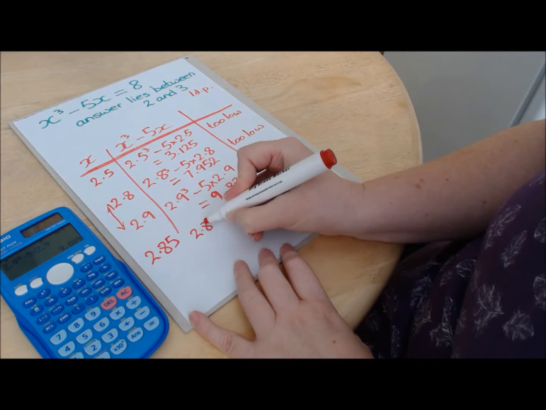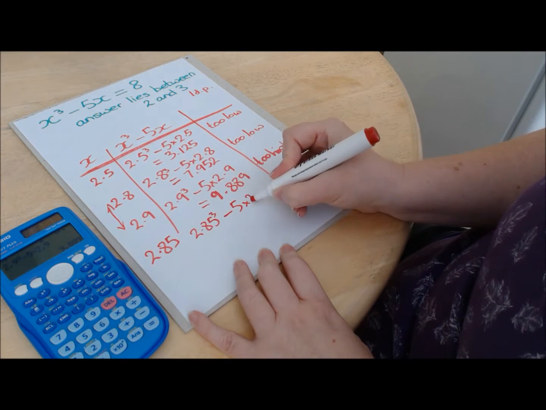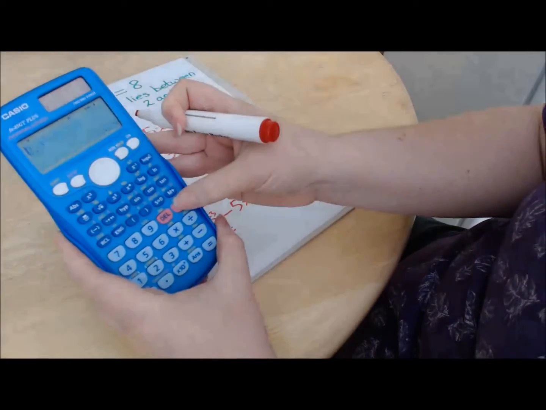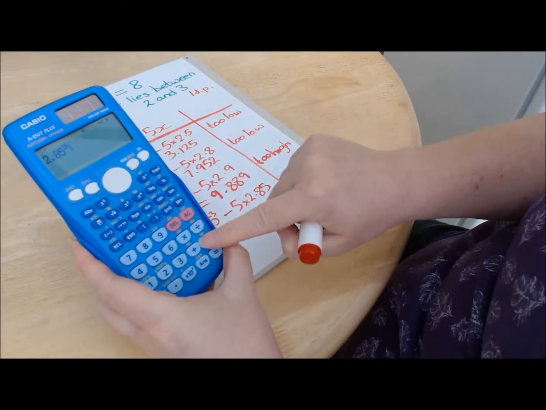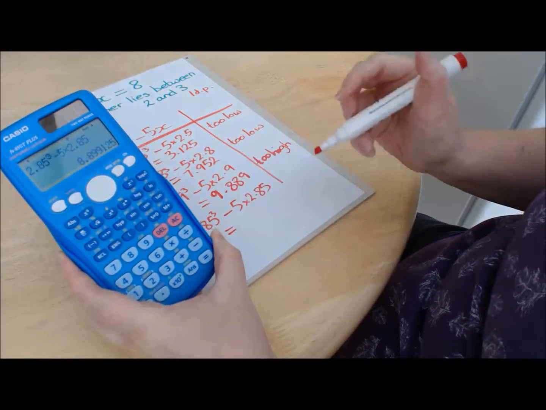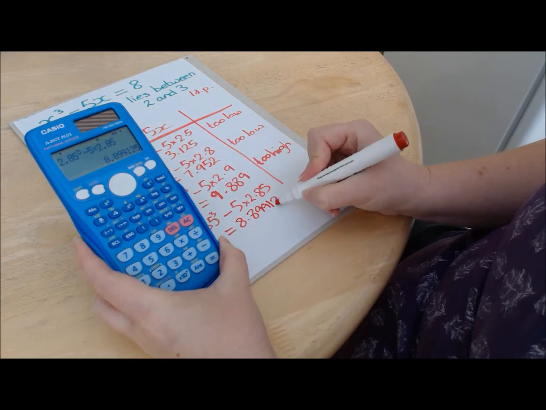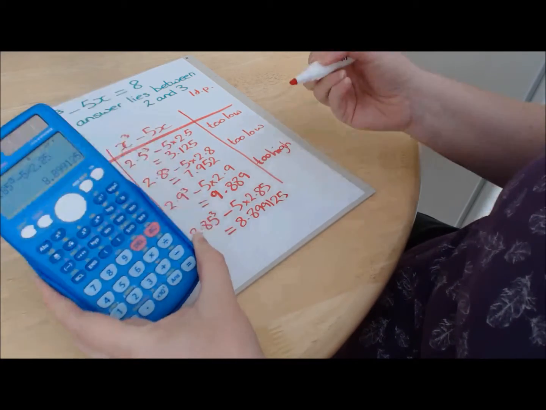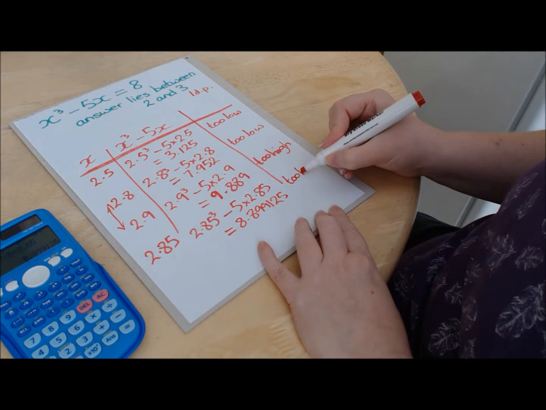So 2.85 cubed minus 5 times 2.85, giving us an answer of 8.899125. To be honest, you probably don't need to write all of that, as long as you write enough to show whether it's too high or too low. So that is too high.